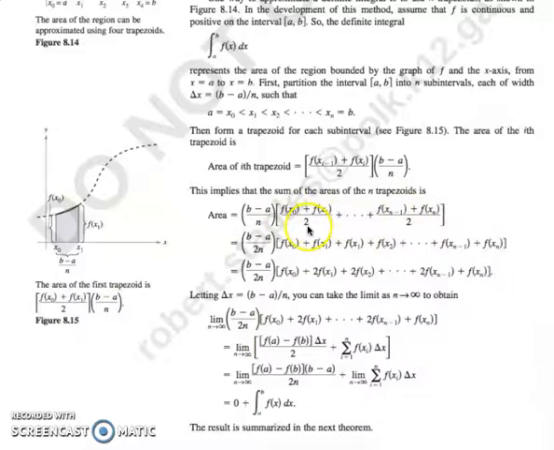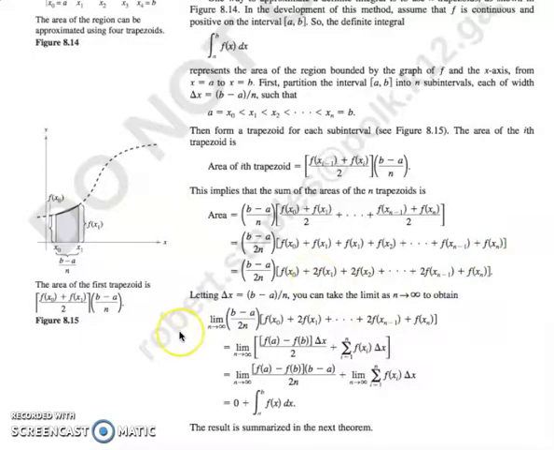But if we pull out that 2 and put it over here in the denominator, then notice what happens. We have 2 of these f of x sub 1's. That's because that was the right side of that trapezoid and the left side of the next one. That makes sense? So we have a pair all the way through here, and the exception would be the first one and the last one. So that's why that 2 is right there.